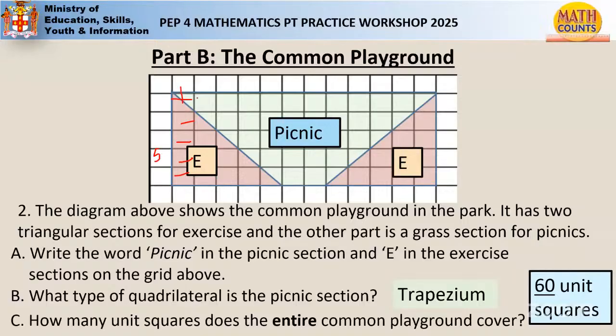And they're saying 1, 2, 3, 4, 5, 6, 7, 8, 9, 10, 11, 12, and the horizontal side is 12 units long. It's 12 units wide. So they said 12 by 5 would give us 60. Awesome. Thank you so much for that.